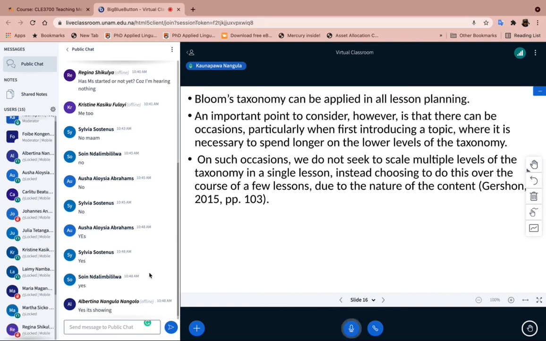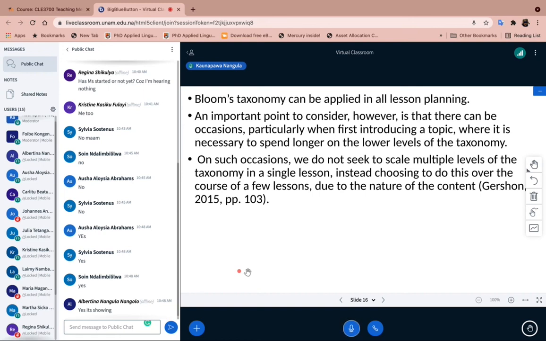On such occasions, we do not seek to scale multiple levels of the taxonomy in a single lesson. Instead we choose to do this over the course of a few lessons, due to the nature of the content. For any level that you are doing in the classroom, it doesn't have to be done within one single class. It can be done over multiple lessons.